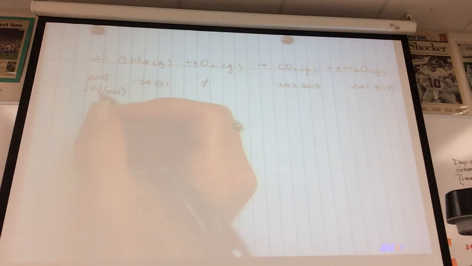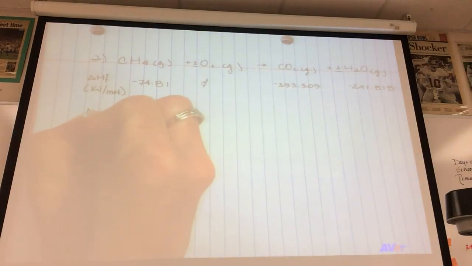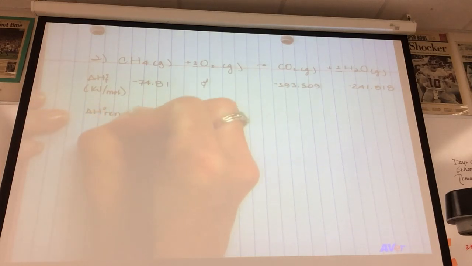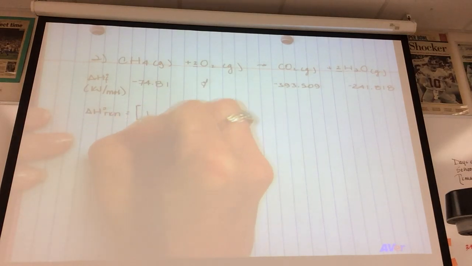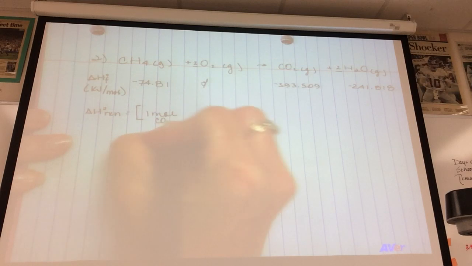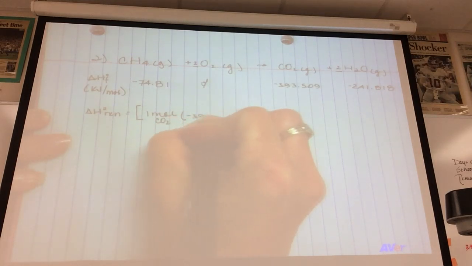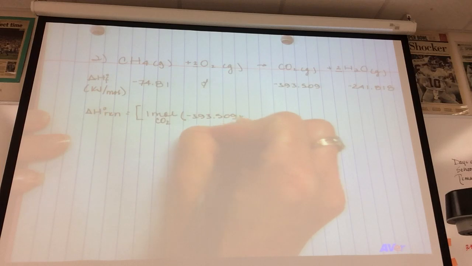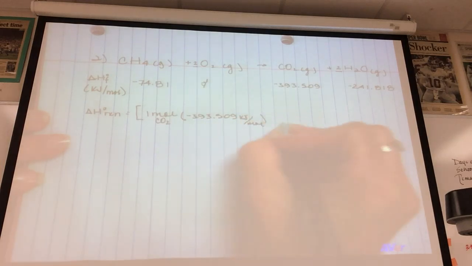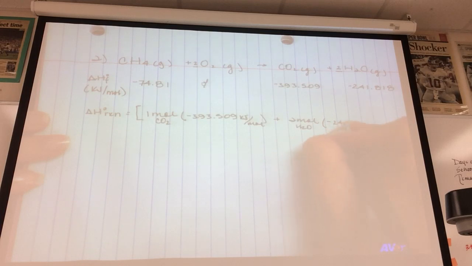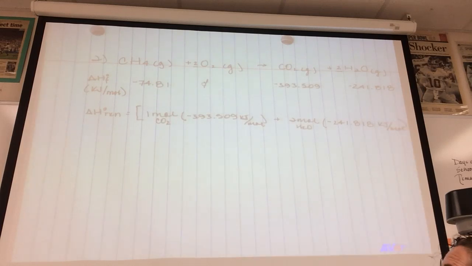Now, in terms of how much work you need to show, I'm going to skip that first line that I did on the previous page. You don't need it. Start with products. 1 mole of carbon dioxide times its delta H of formation plus 2 moles of water in the gaseous state close minus.